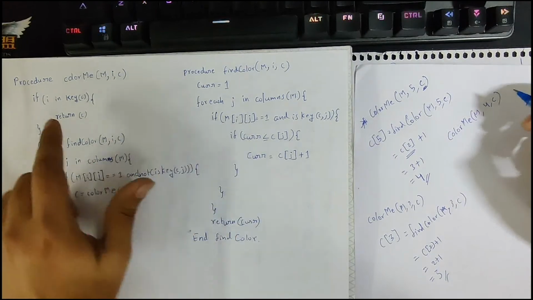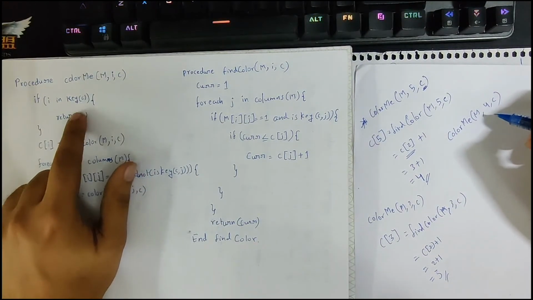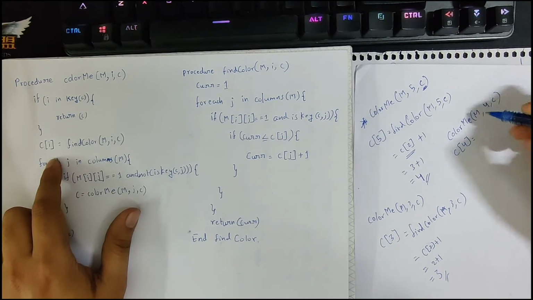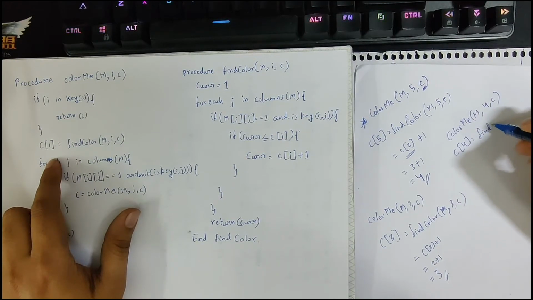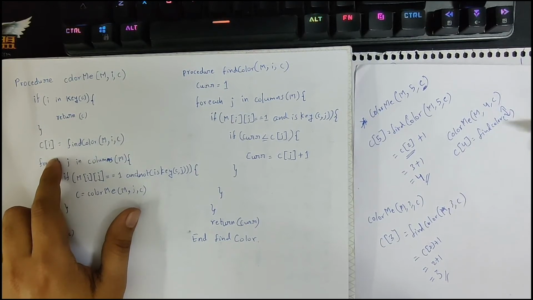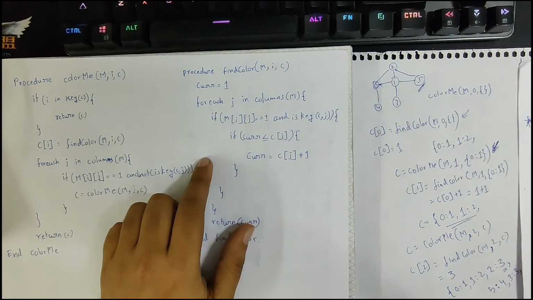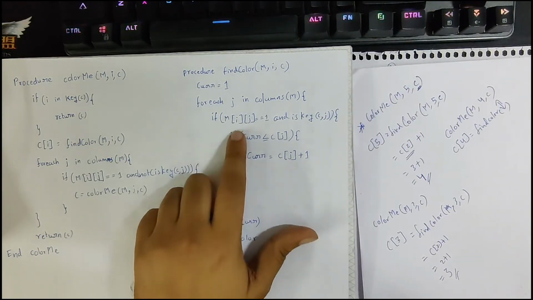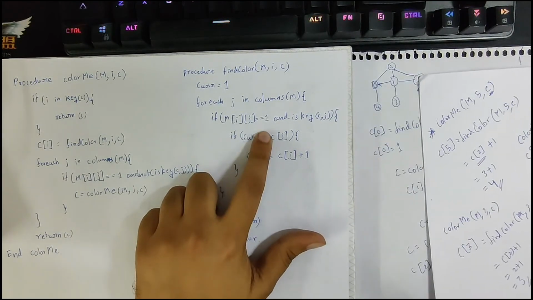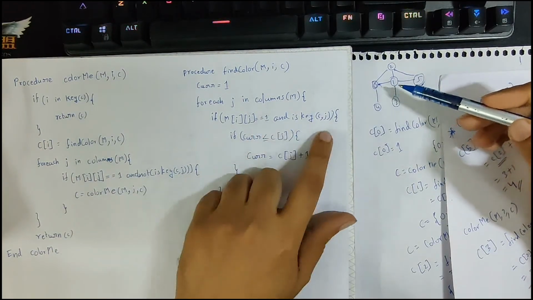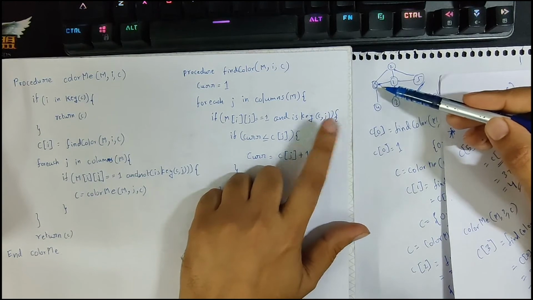and here 4 is not a key in this dictionary, so we have to find C of 4 equal to find color of this. Okay, and when you look at the find color, there is only one edge from 4 to 0, and this 0 is already a key in this dictionary.